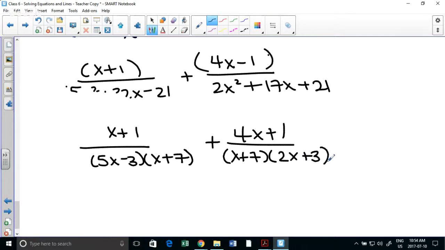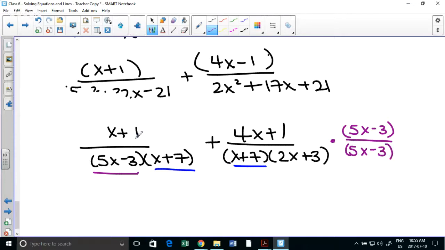So just quickly, you product-sum it, you get the factors. Now here you say, okay, I have an x plus 7 and I have an x plus 7. I'm good to go. Here I have a 5x minus 3. This doesn't have a 5x minus 3, so I need to put it. And this one's taken care of.